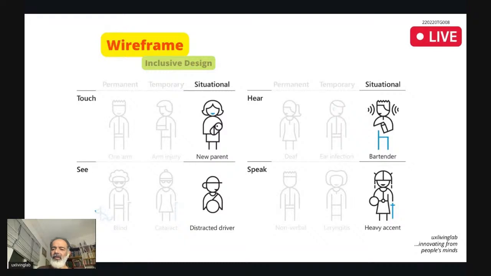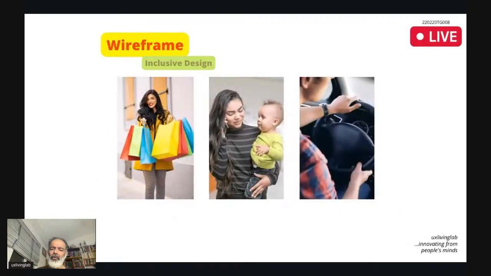A person inside an environment with loud voices is disabled. These are the different situations where people are disabled because of that environment. So look into these situations.